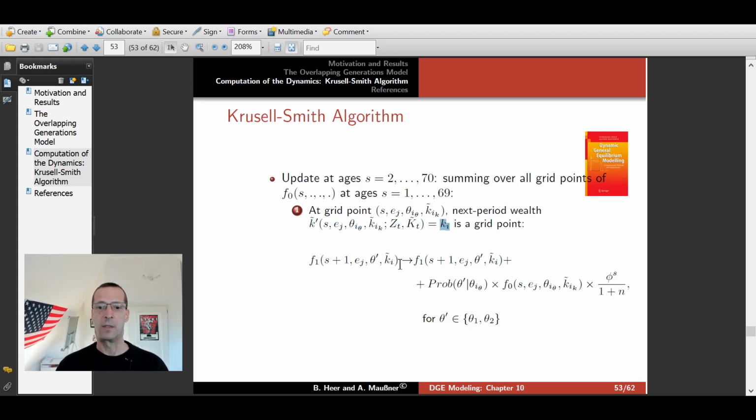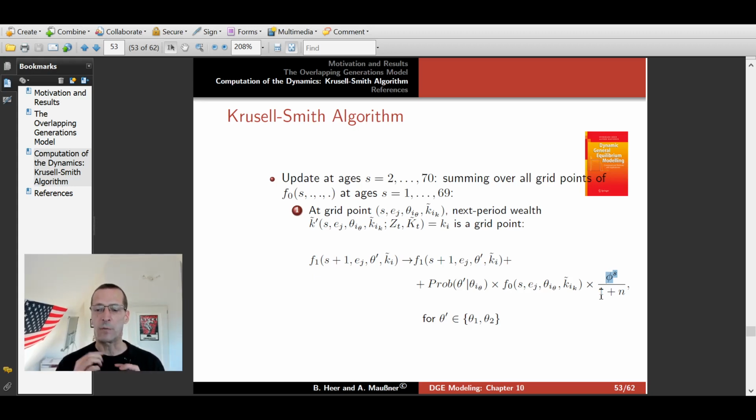Well, in this case, we add the measure of the household with this individual state variable to the measure F1 in the next period with productivity theta prime, noticing that we have the transition probability depending on theta in the present period, in period 0, times the measure, times the survival probability, so 1 minus phi s of the people will die, so we only add those who survive.